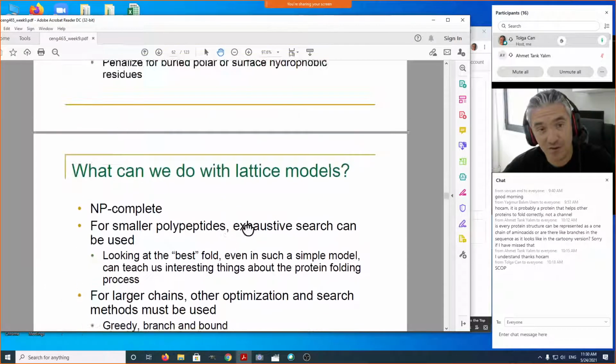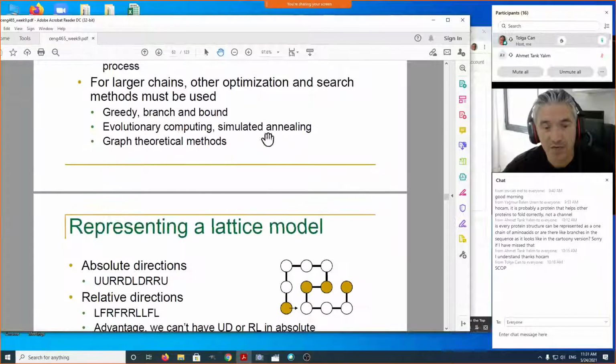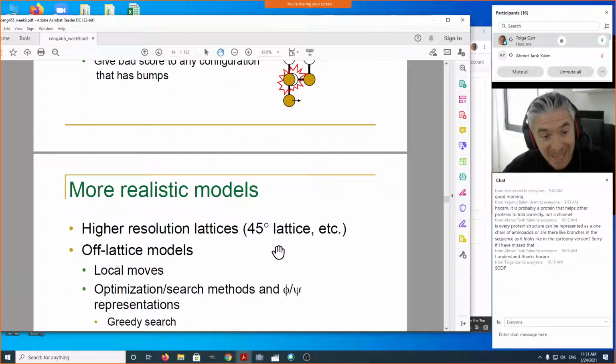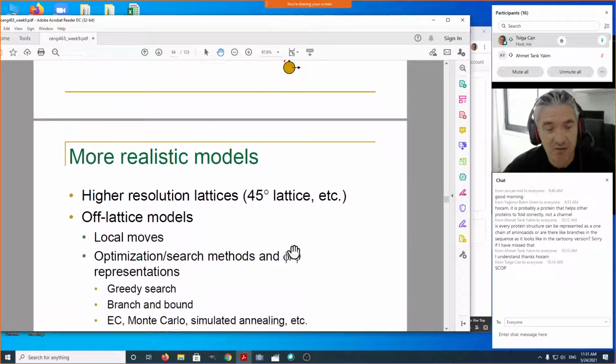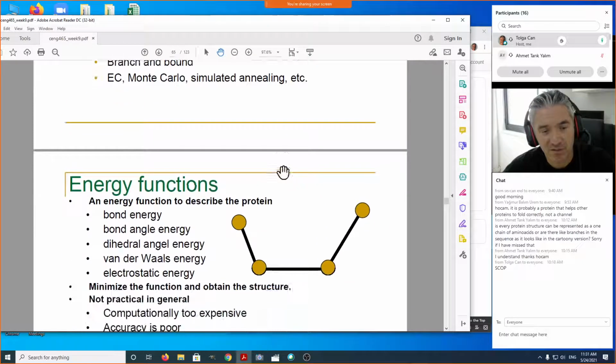Also, we made certain assumptions, like if you put it in a grid, the only angles you're going to allow between them are either 180 degrees or 90 degrees. You may also have some models with a 45-degree lattice, off-lattice models, three-dimensional models. And instead of hydrogen bonds only, you may use some energy functions.